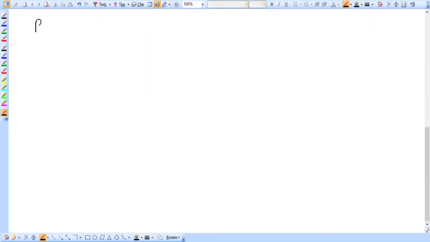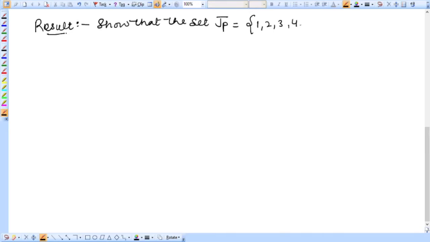Result: show that the set Jp, also known as Zp, is equal to 1, 2, 3, 4 up to p minus 1.